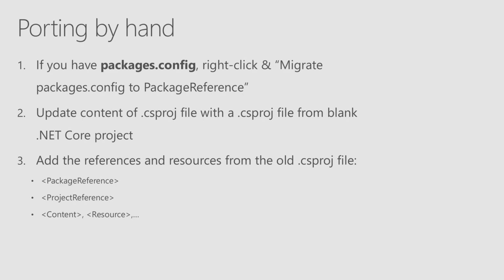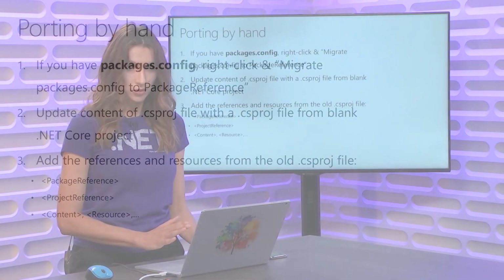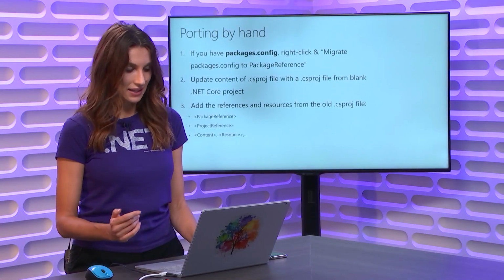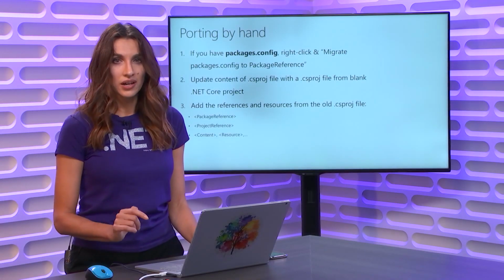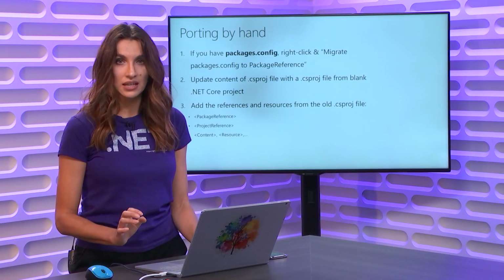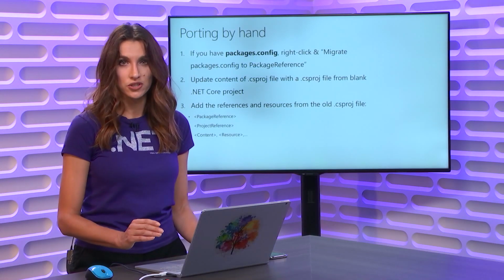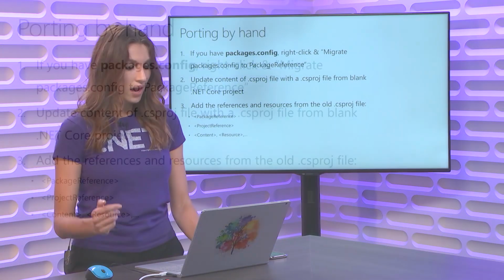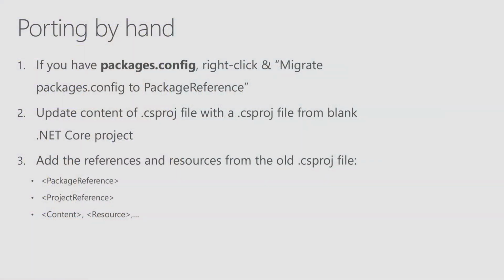But make sure you have a copy of the old project file, because you will need that as well. You will need it to get all references and resources from your old project file to the new one. So everything related to package reference, project reference, content, resources, and so on should be moved to the new project file.